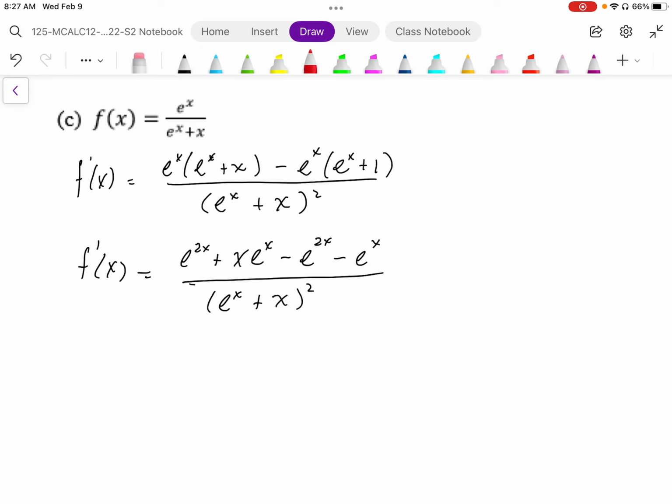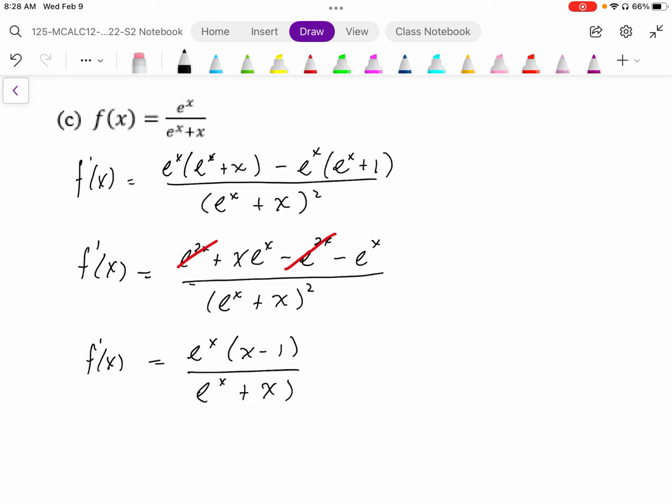Okay, I'm going to cancel out these terms, they disappear. I'm going to factor that e to the x out and see what I'm left with. And so when I factor that out, f prime of x is equal to e to the x, and then I end up with x minus 1, and it looks like there's no common factors here.